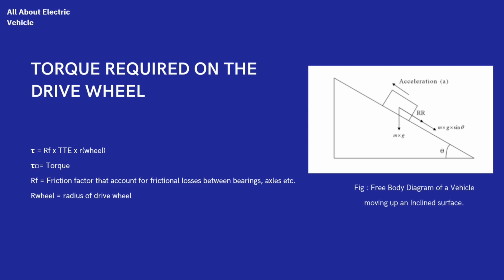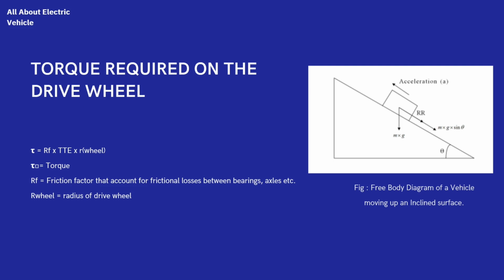The torque required on the drive wheel can be calculated using the formula tau equals Rf into TTE into R wheel, where tau is the torque required on the drive wheel, Rf is the final drive ratio, TTE is the total tractive effort, and R wheel is the radius of the wheel.